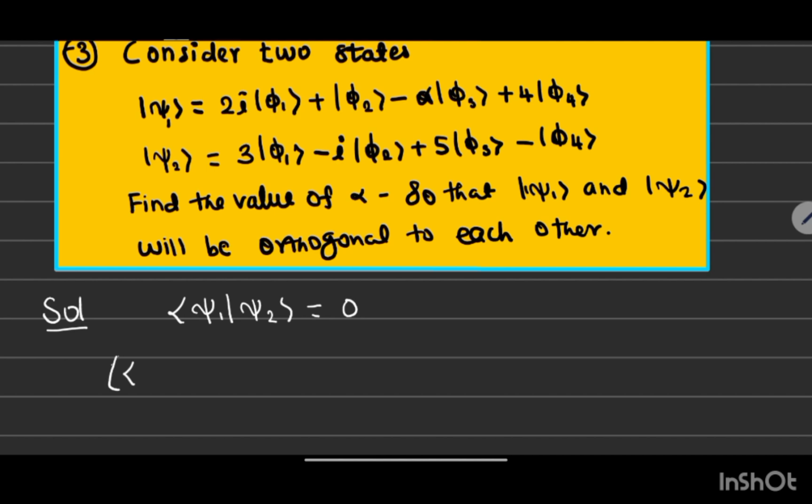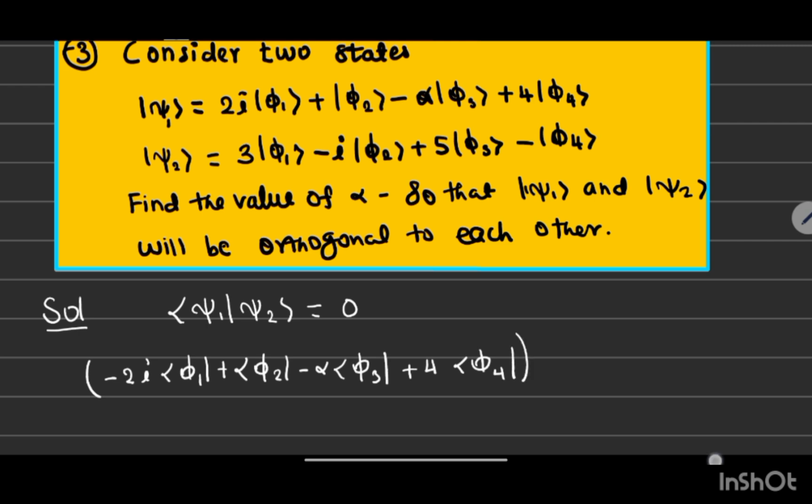Bra psi 1, let me write here: bra psi 1 is minus 2i times bra phi 1 plus bra phi 2 minus alpha times bra phi 3 plus 4 times bra phi 4.